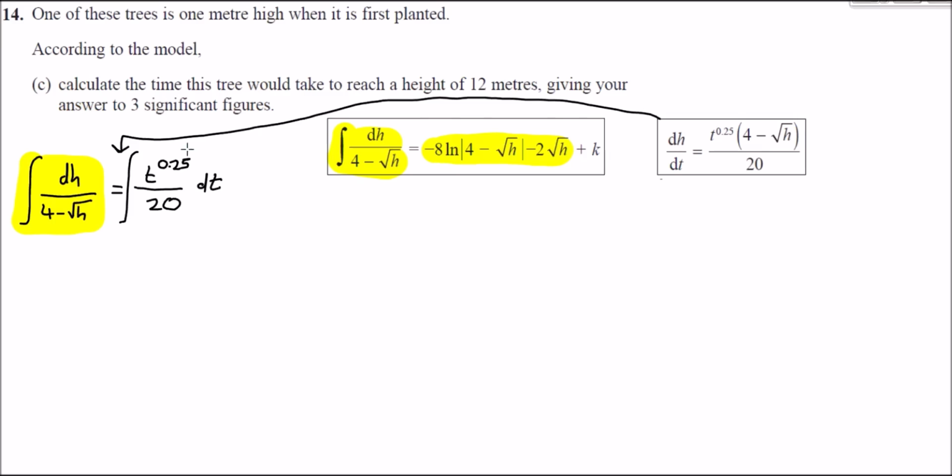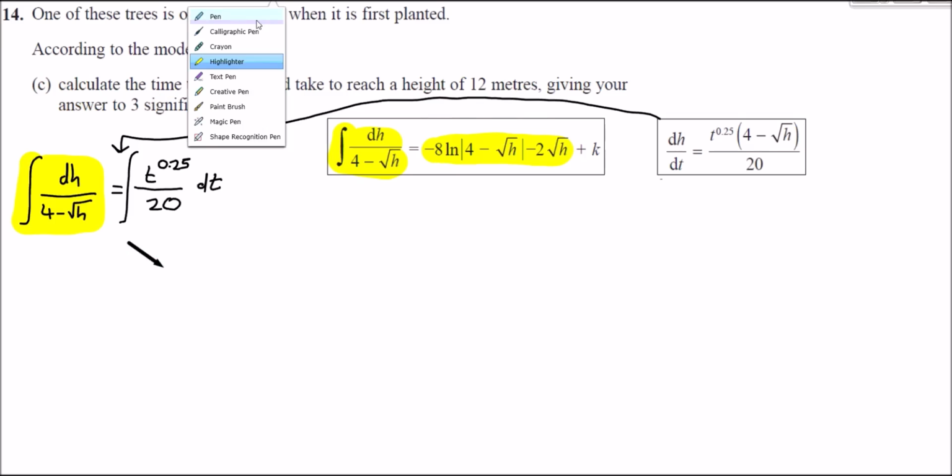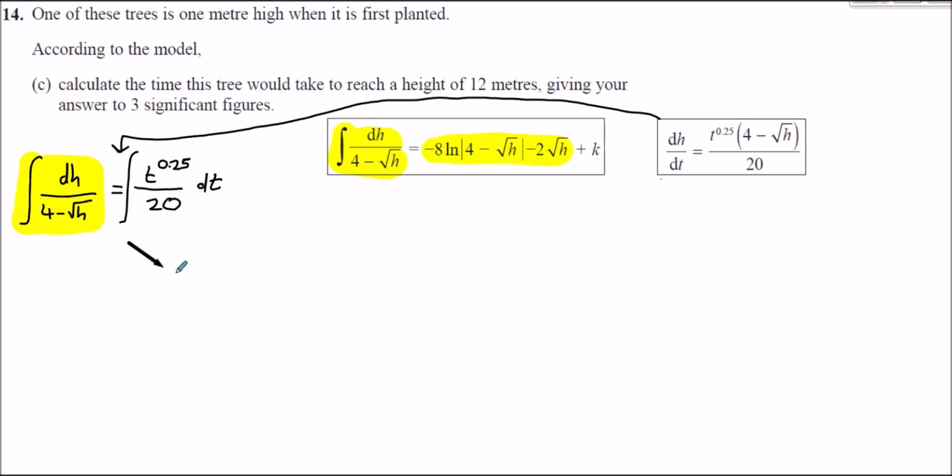So what I'm going to do from here now, if I rewrite this integral as this result, so minus 8 ln mod 4 minus root h minus 2 root h. So I've just rewrote that over here. Now on the other side, this one isn't actually so bad to integrate.